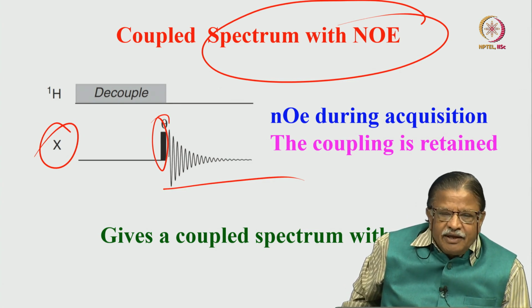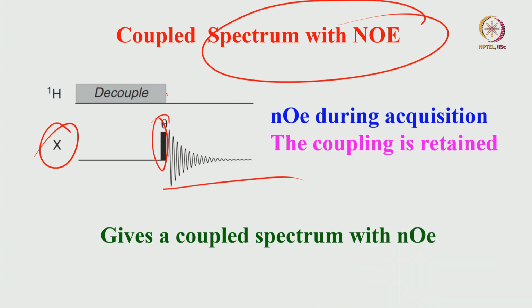But what am I doing? Remember, there are different channels. On the proton channel, before we acquire the signal, we are applying decoupling power. And then I am collecting the signal. Here, RF power is not applied. That means here I am not decoupling. I am going to get a coupling here. But why did I apply decoupling power before?